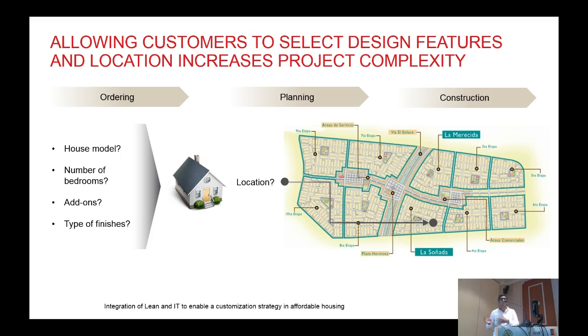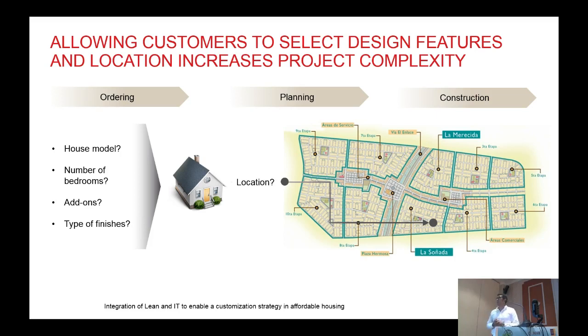Nevertheless, when you are planning to do some sort of customization, then you have to deal with customer orders and with customer wishes. That means that your production system has to be ready to work directly upon customer inputs. And in the practical case here, the developer cannot build any house if they don't have an order, which challenges the production system significantly.